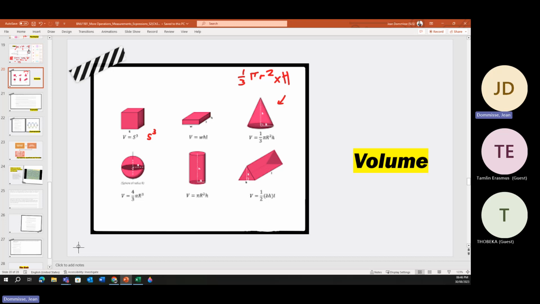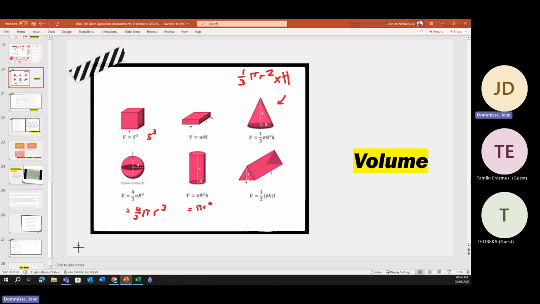If it is a ball that you need to work out, it is 4/3 pi r to the power of 3. You don't know why that is a formula. You just use it.